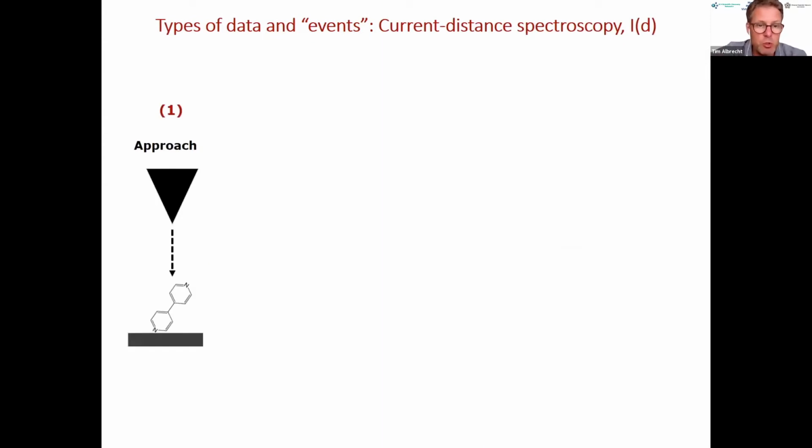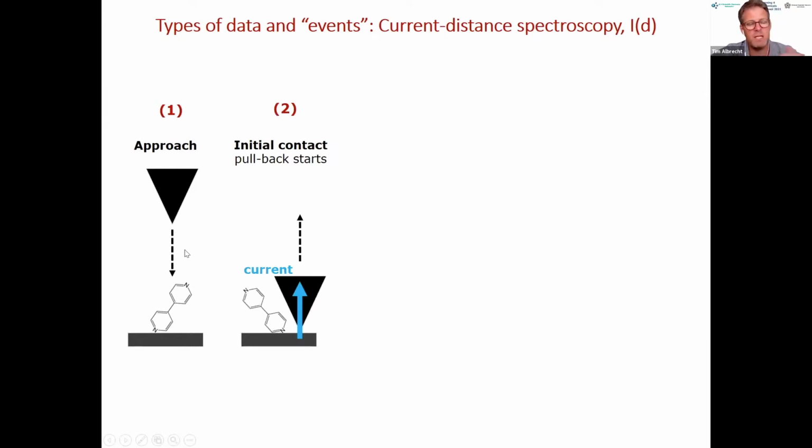Now, you can also use it in a different way, in the context of current distance spectroscopy. The experiment here looks slightly different, in the sense that you put a molecule, or a submonolayer of this molecule, onto the surface, and then you approach the surface with the STM tip.